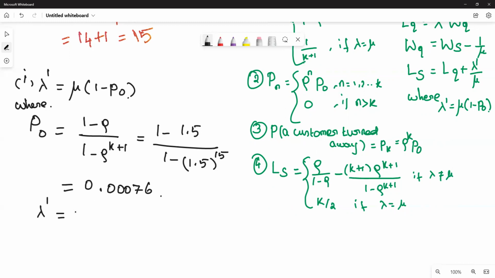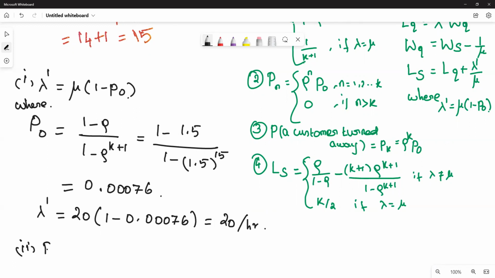Then what is lambda dash? Mu into 1 minus P naught, where mu is 20. Simplifying this, lambda dash is 20 per hour. The second subdivision is, we have to find the probability that an arriving patient will not wait.